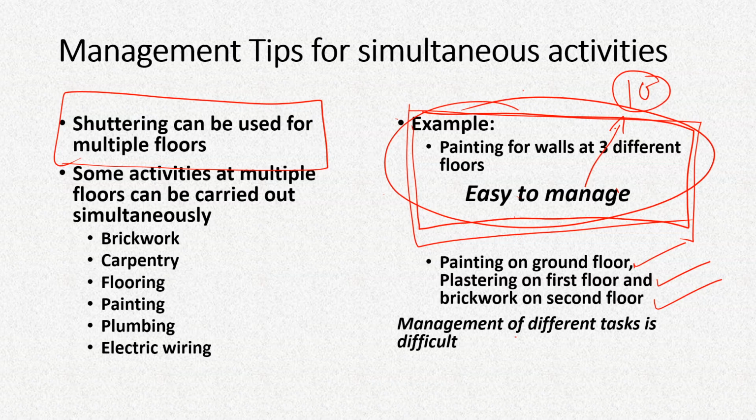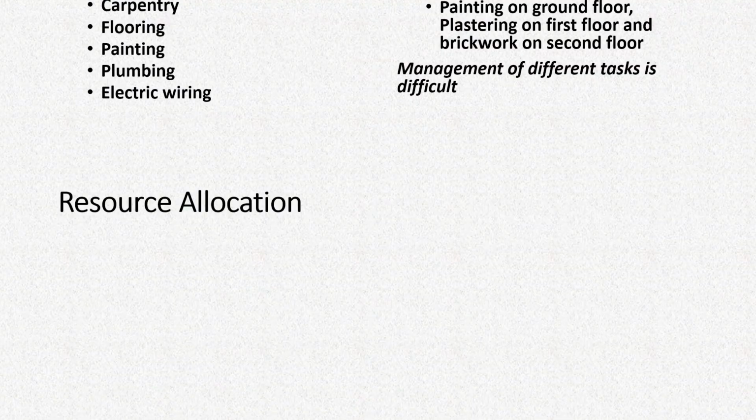If we have enough painters to carry out this activity only for 3 floors, then it is better to do it like that and carry out some other activities in the remaining floors. So this kind of management will have to be done, and with experience you can always figure out which works are to be preferred, whether this model or that model is to be preferred, and so on. Now let's come to resource allocation or resource management.